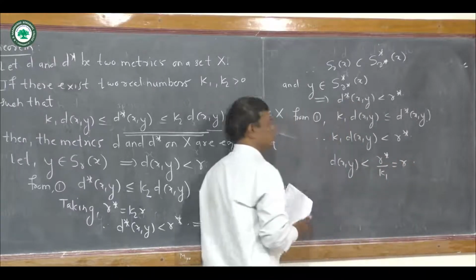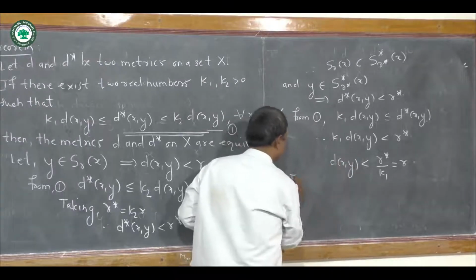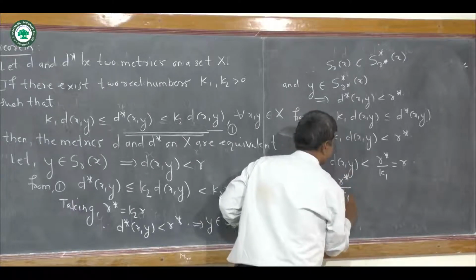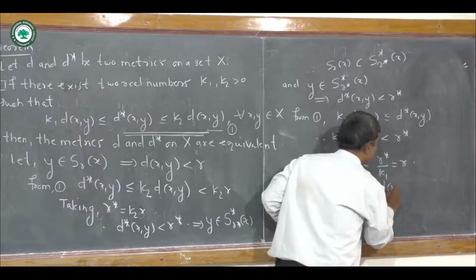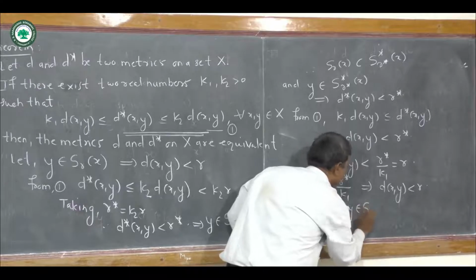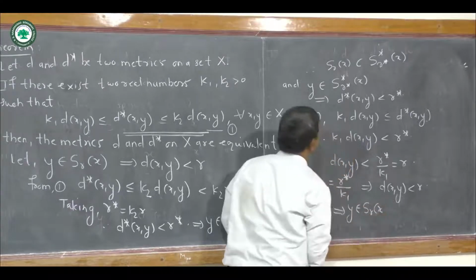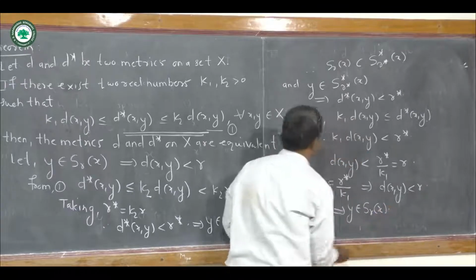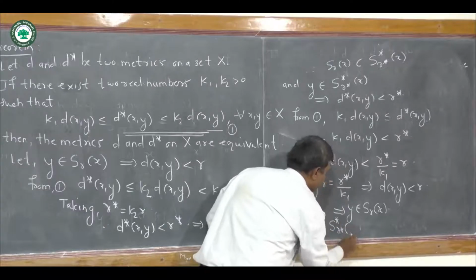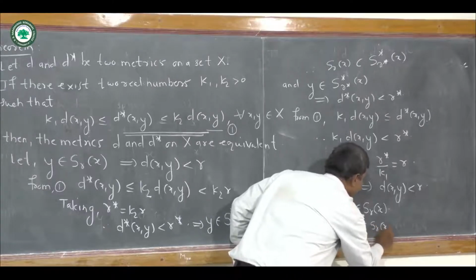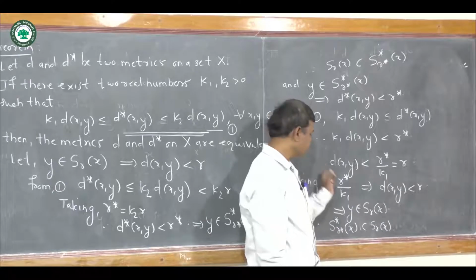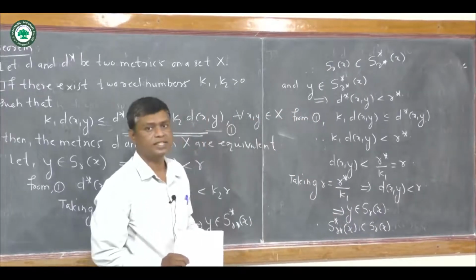Taking R equal to R star upon K1, this implies that D of X comma Y is less than R. So this implies that Y belongs to the open sphere S R X. Therefore the open sphere S star, R star, X is contained in the open sphere S R X. So from the previous corollary and theorem, we say that these two metrics D and D star are equivalent.